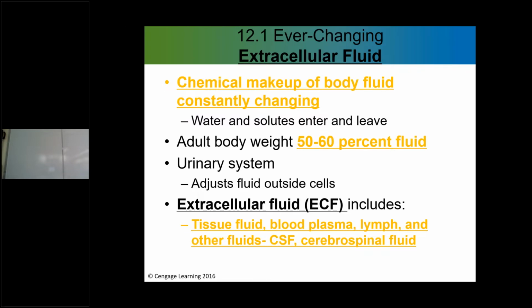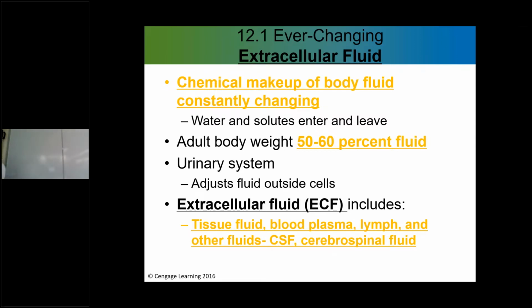So very important to know that we filter blood, we create a filtrate. This filtrate will primarily reabsorb most of the water, and then whatever's left over will be the urine that will enter into the urinary bladder. It'll be a storage area there waiting for the opportunity to void, and that will leave the body.